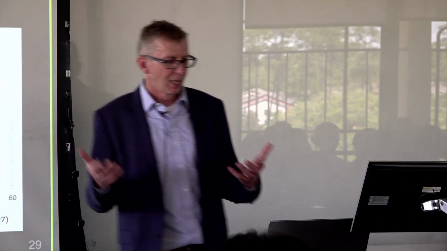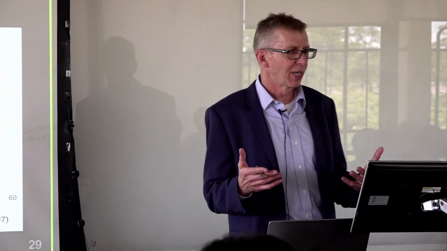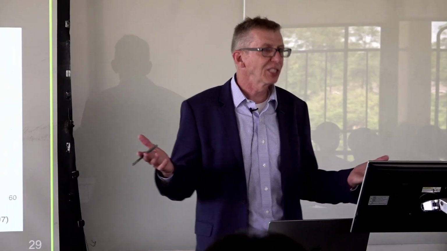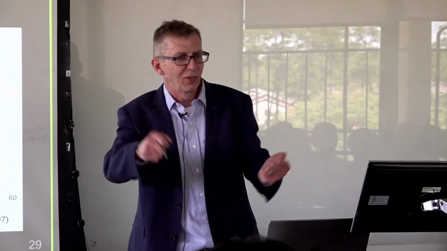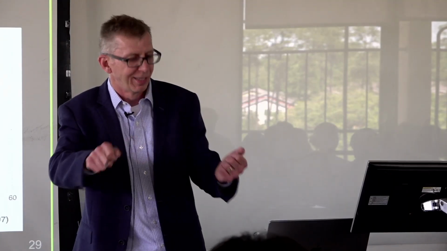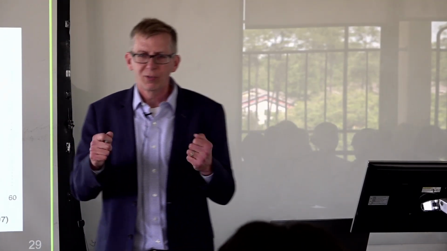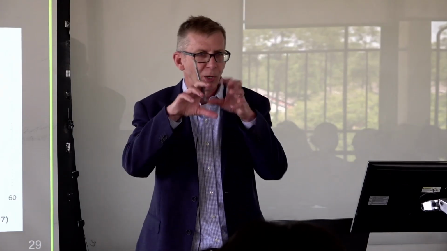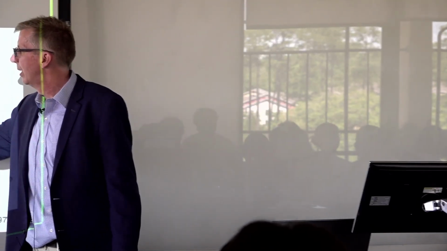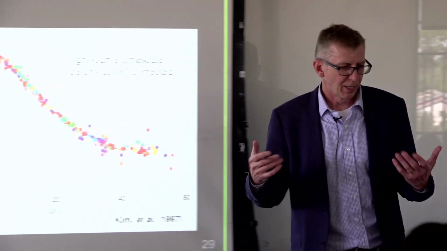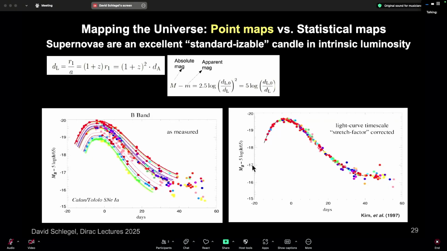Some are brighter than others, but the brighter ones actually last longer. So you can write down a relation that says, well, I know this supernova explosion lasted, say, 20% longer than this other supernova explosion. So in fact, just empirically, we know we can make relations out of these, standardize them, and then use them as standard candle point sources. Okay.